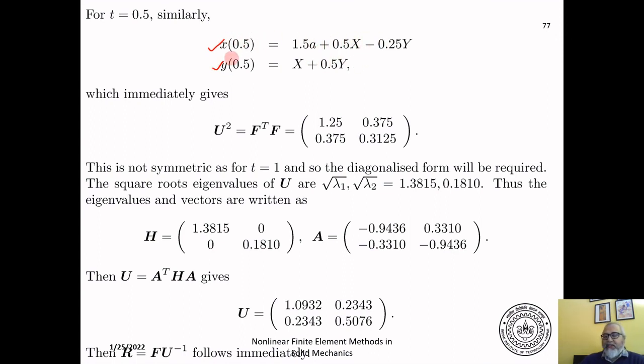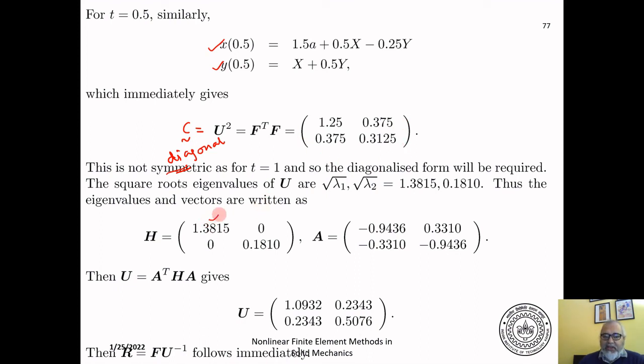And here again, I have written small x and small y in terms of capital X and Y, which immediately would give me U squared, that is C, which is F transpose F, as this. So I calculate F from here, do F transpose F, and this is what I get. This is no longer diagonal, and so you will need to now find the eigenvalues of this.